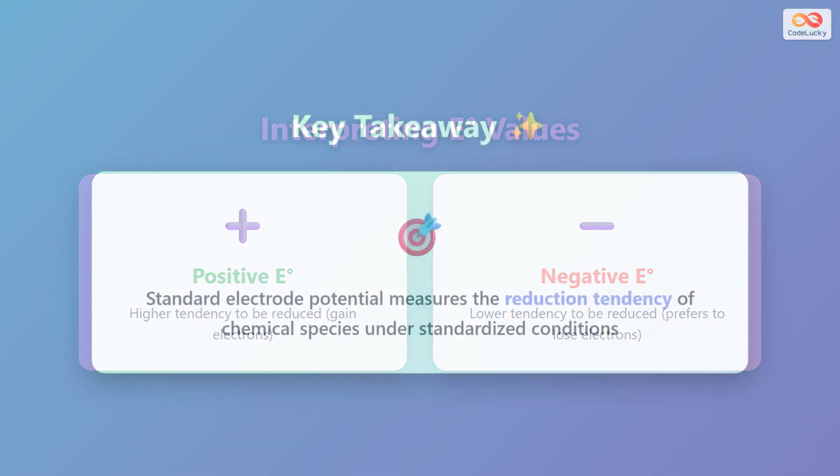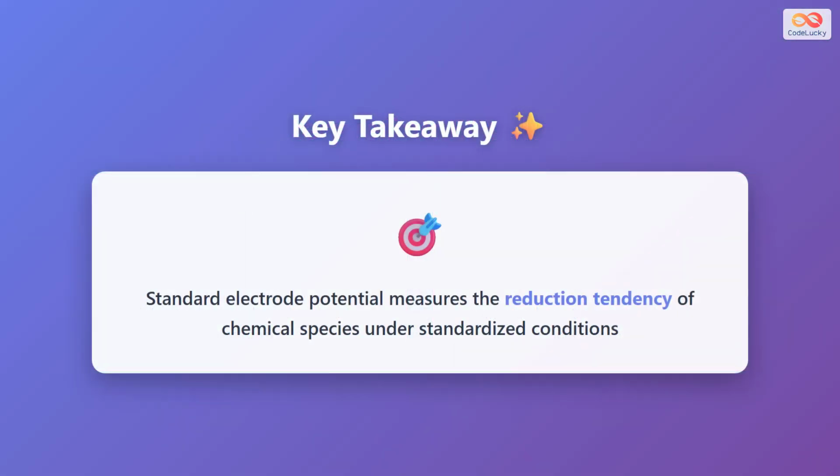To summarize, standard electrode potential is a quantitative measure of the reduction tendency of chemical species under standardized conditions. It provides a systematic way to compare how different substances behave in electrochemical reactions.